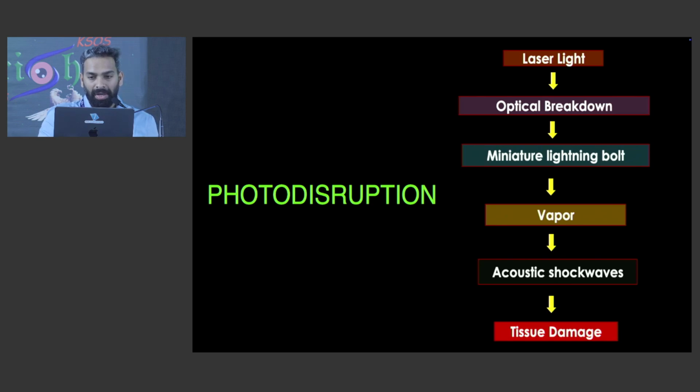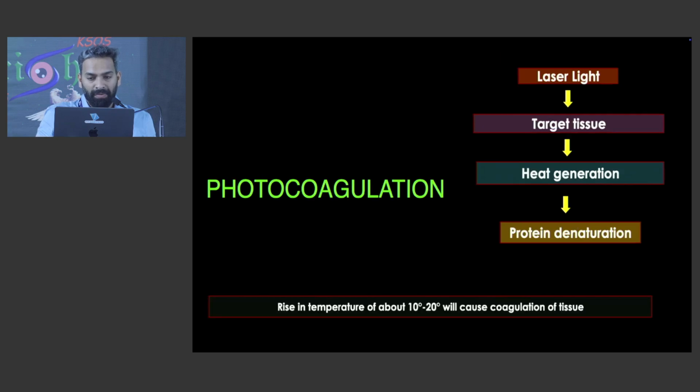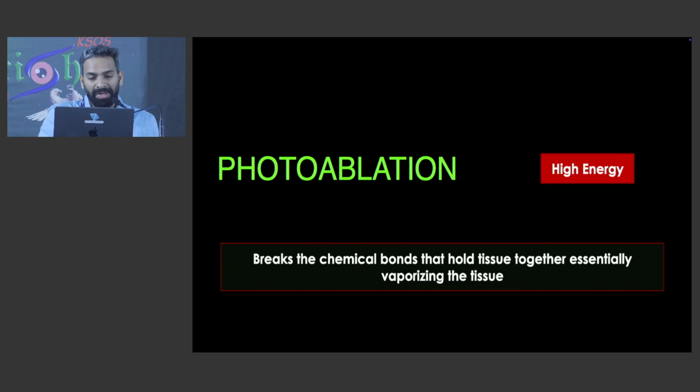So what is the mechanism of action? In photodisruption, laser light causes an optical breakdown, a miniature lightning bolt occurs, and vapor causes acoustic shock waves and tissue damage. In photocoagulation, heat is generated in the target tissue and the protein denatures. Photoablation is high energy required to break the chemical bonds that hold the tissue together, essentially vaporizing the tissue.